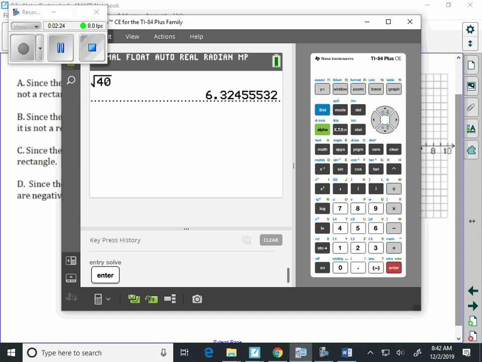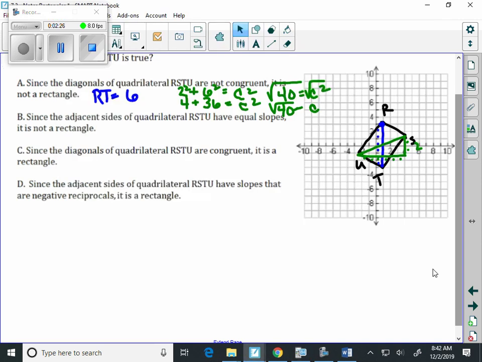So what we do know is that the diagonals are not congruent. If we look down below, it says, since the diagonals of the quadrilateral are congruent, it is a rectangle. Well, they're not congruent. So A is definitely true. Let's just check real quick about the adjacent sides have equal slopes.